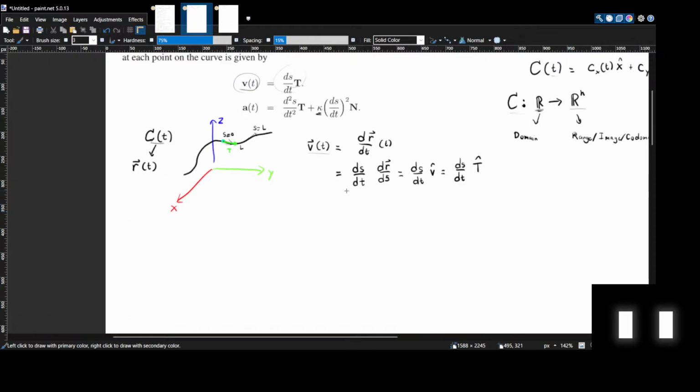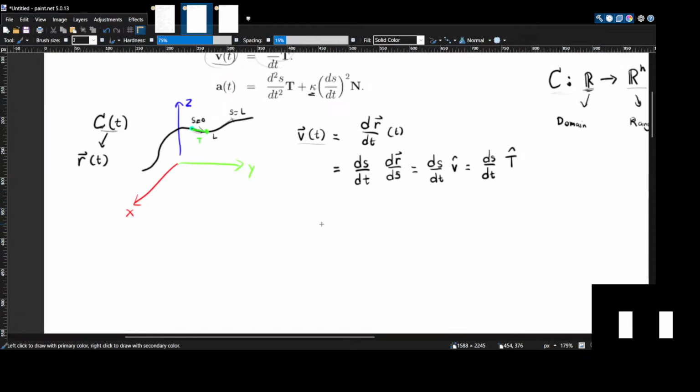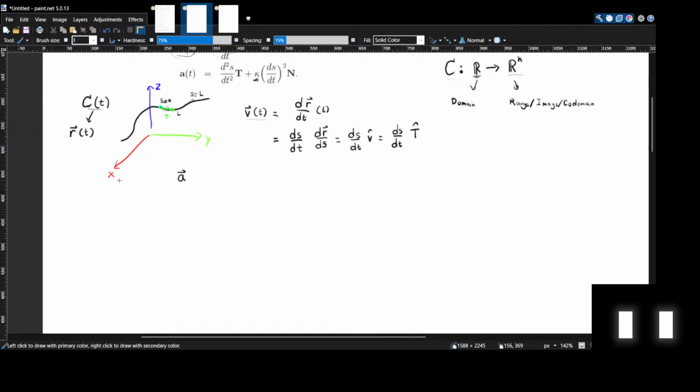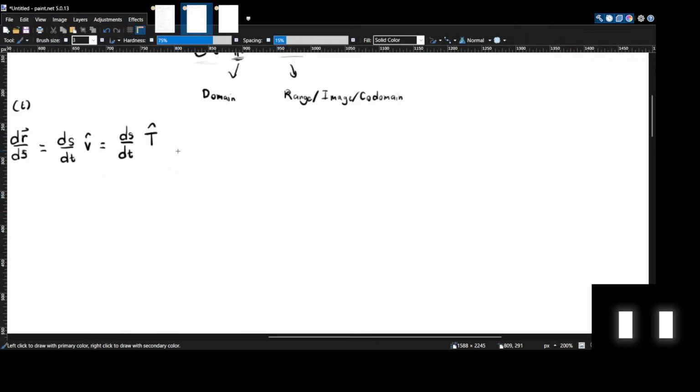Although next up, it's a little bit more complicated. Next up, we have the acceleration vector. From here, we have successfully defined that T is equal to dr by ds.